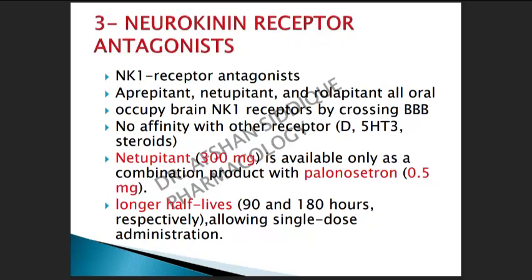It is given in combination so that we achieve maximum effect, and usually the regimens are given in combination to those patients who cannot tolerate the nausea and vomiting induced by radiation and chemotherapy. It has a longer half-life, about 90 to 180 hours. You can understand that it has a very long half-life, so it should be given in a single dose. So this is also increasing compliance of the patient.